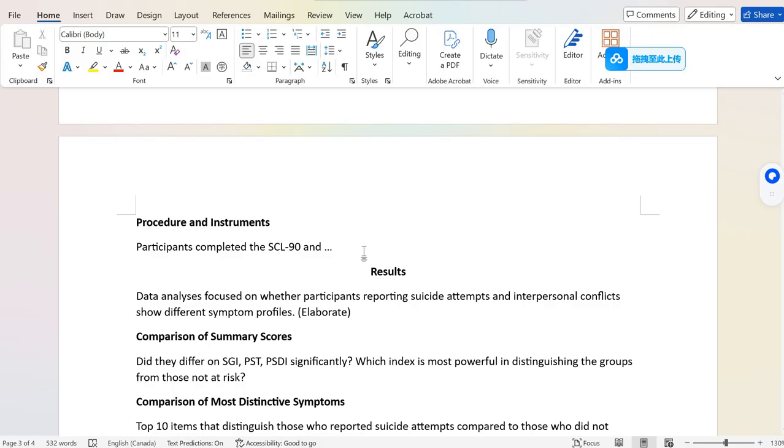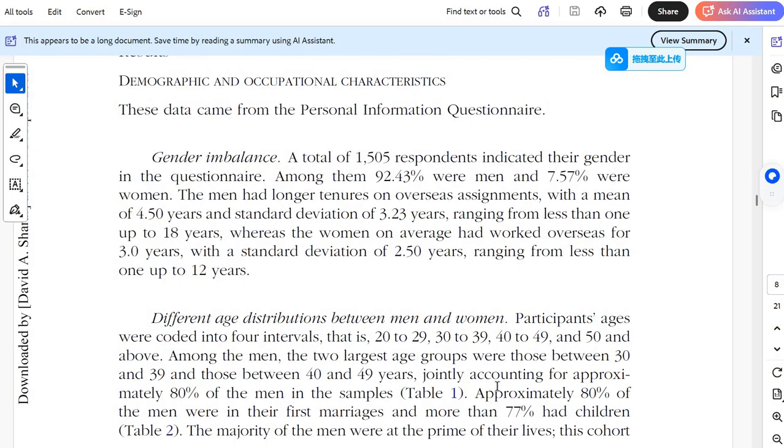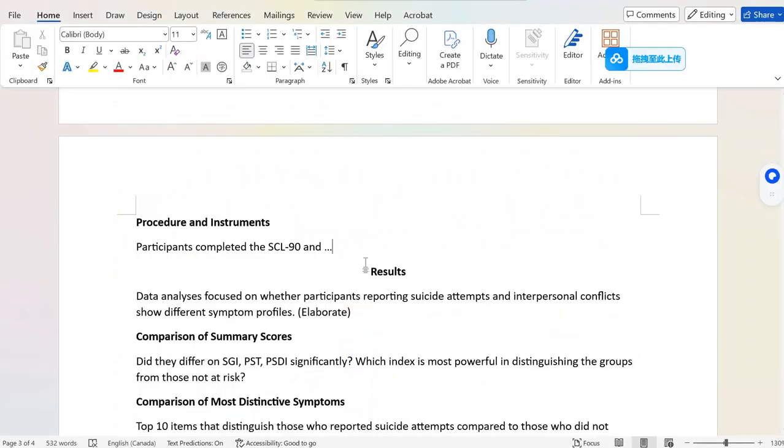You have these two instruments, how they were given, and the way the instruments were delivered is in the paper, where the participants completed the instruments at their workplace, at their work site, not at home. That means that these expatriates completed the questionnaires while they were overseas, away from home, on their overseas assignments.